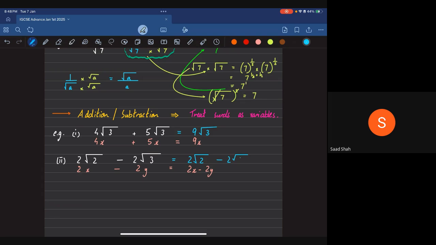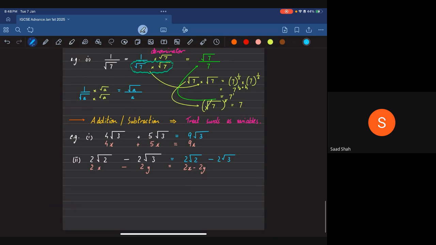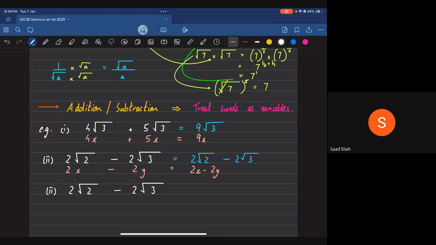Now, another scenario could be, I'll take the same example. But this time around, I'll take the base even the same, but the difference I'll make is that I'll take this as a cube root.